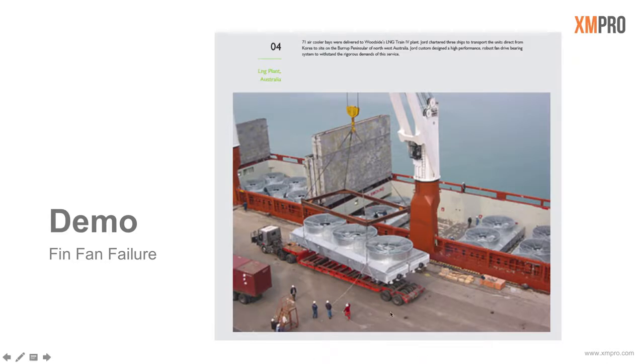If you look at the impact, if one of those fin fans fails, you have to shut down the whole cooling tower operation, which quite often impacts operations, and sometimes you even have to shut down your whole plant. Some customers run hundreds, some literally run thousands of these inside their organization.